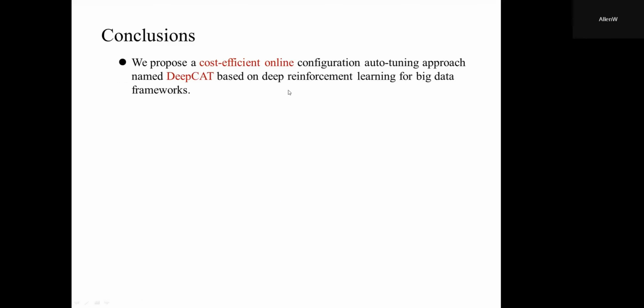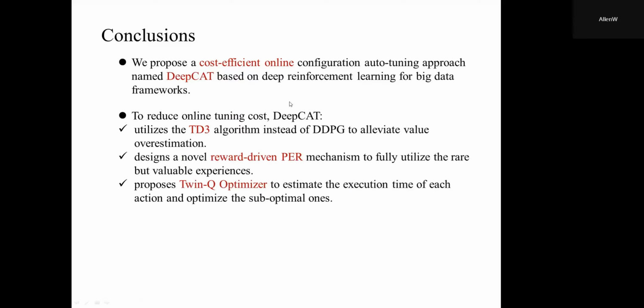We conclude our work. We propose a cost-efficient online configuration tuning approach named DeepCAT based on deep reinforcement learning for big data frameworks. To reduce online tuning costs, DeepCAT utilizes the TD3 algorithm instead of DDPG to alleviate value overestimation.